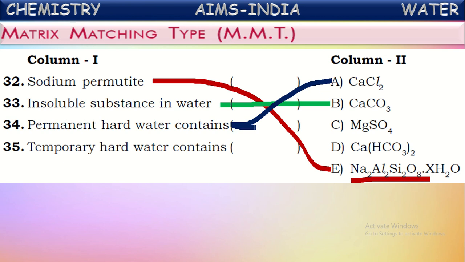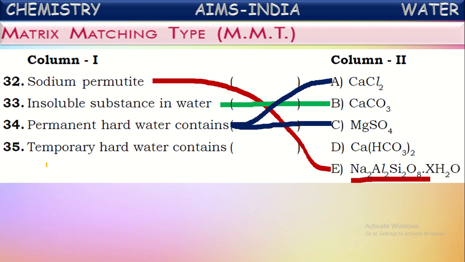And one more, sulfate of magnesium is given. So calcium chloride and magnesium sulfate are responsible for the permanent hardness of water. Of course, two more are there: calcium sulfate and magnesium chloride also. But here only these two are mentioned.